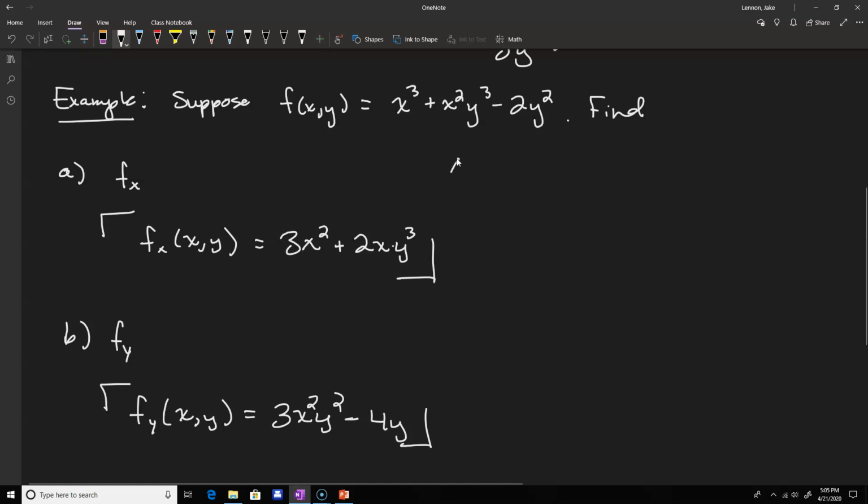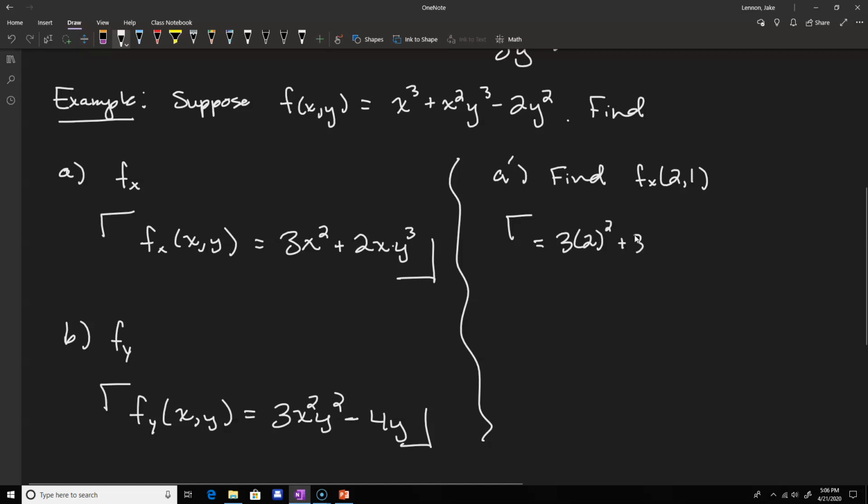So to plug in your points like they want, let's say a prime, we want to find f sub x of 2 comma 1, we just plug in the point into the formula. So replace x by 2, so we get 3 times 2 squared plus 3 times 2 times 1 cubed, and we end up with 12 plus 6, which gives us 20.